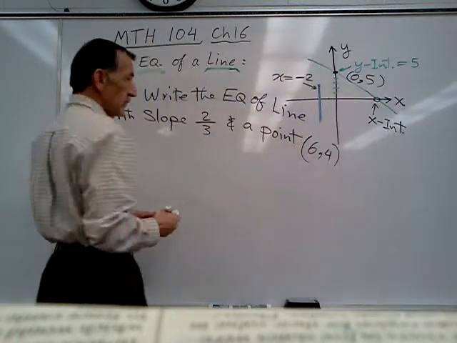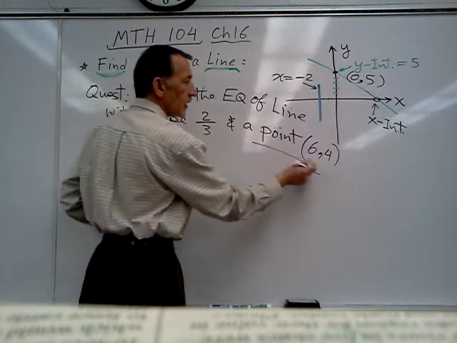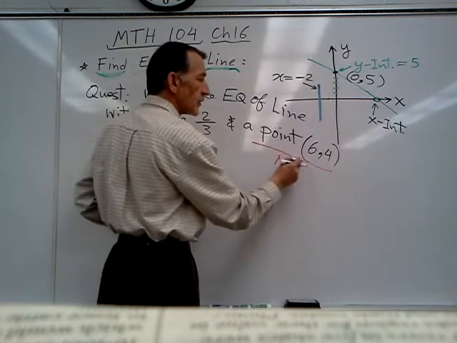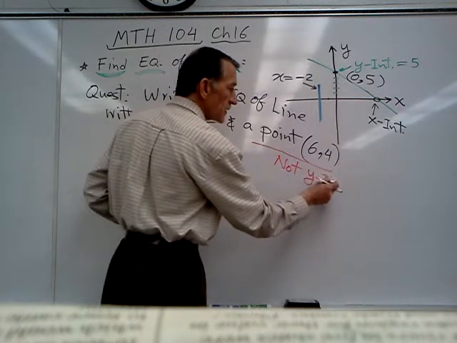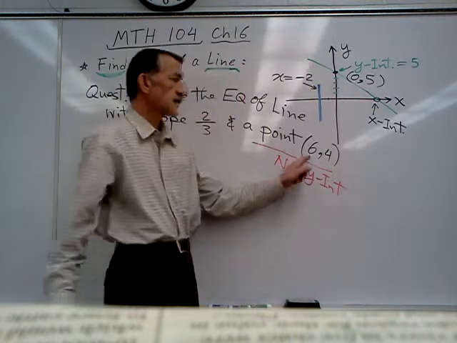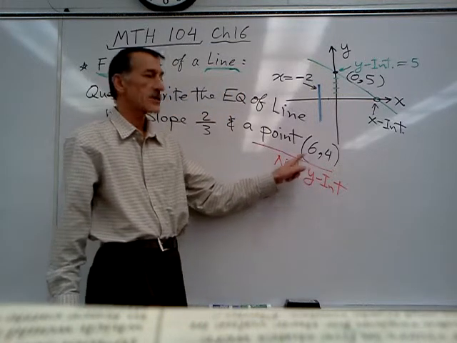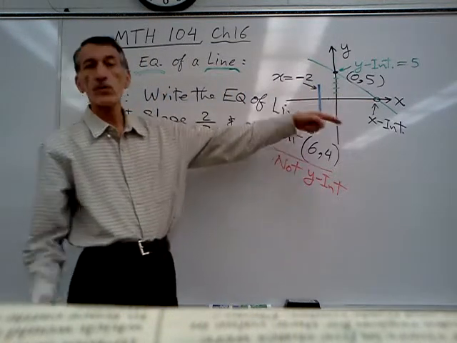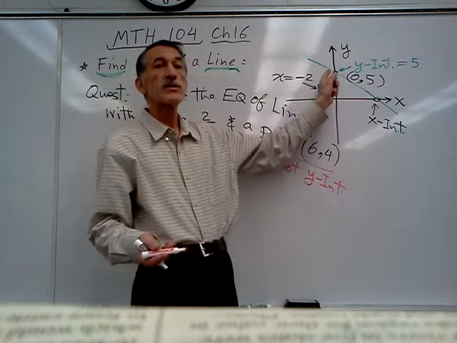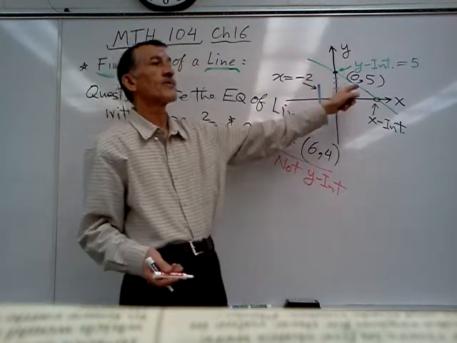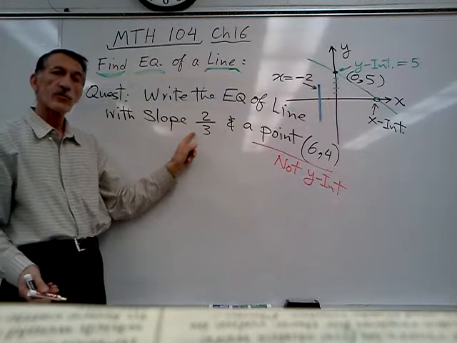Alright? You notice that this point is not the y-intercept, because the x is not 0, the x is 6, therefore it's another point, and we don't know where the y-intercept is, but we know this point is somewhere over there, and the line has a slope of 2/3.